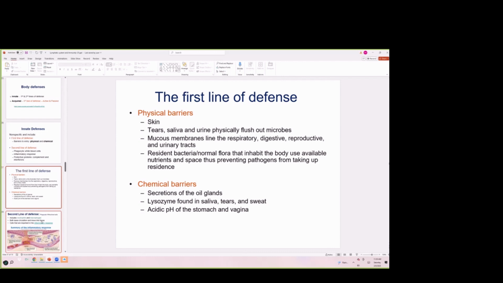And the tears have lysozyme, an enzyme which, if some pathogens want to stick on them, destroys them. And then in terms of the urine, when we pee, we flush out microbes. Is there any microbe that wants to stay within the part that is exposed almost close to the outside? We keep flushing things out.